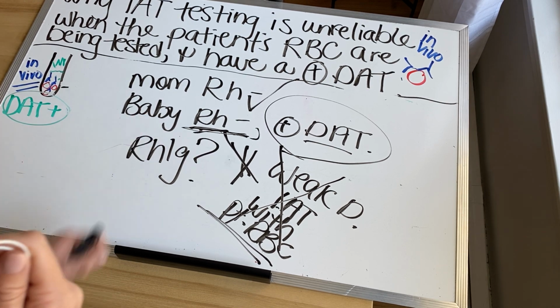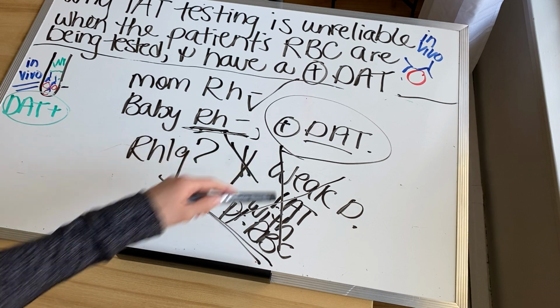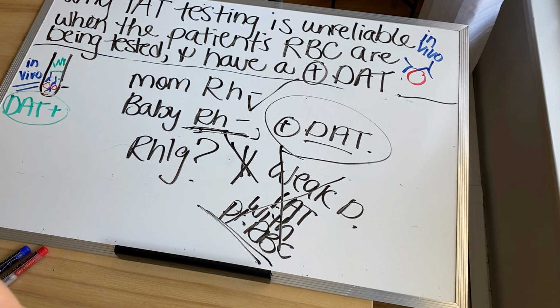What if this baby did have D antigens in the form of weak D, but could still elicit an immune response in the mom and give her the ability to produce a true anti-D? And even though we couldn't do the weak D testing and didn't know it was there, what if that weak D was there and did cause a problem with the mom and we didn't give her RhoGAM? We'd screw it up.